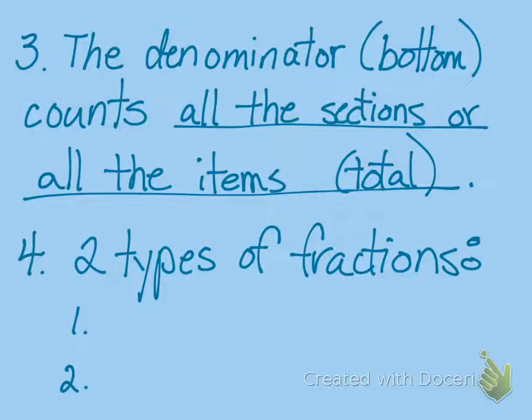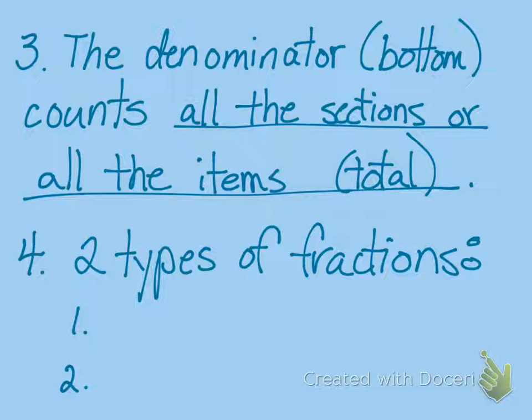Okay, number 4, two types of fractions. So again, copy those out, put number 1 and number 2, and then just pause the video until you're ready for the next part. Okay, on your paper, you should have written two types of fractions, and you should have a number 1 and a number 2 underneath.